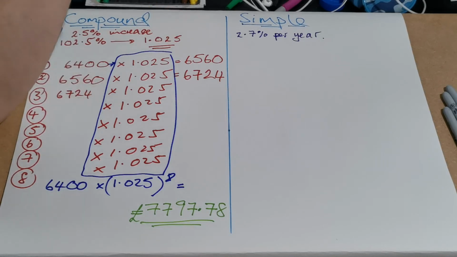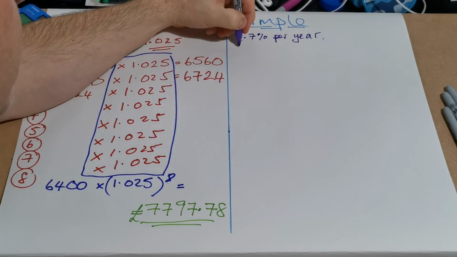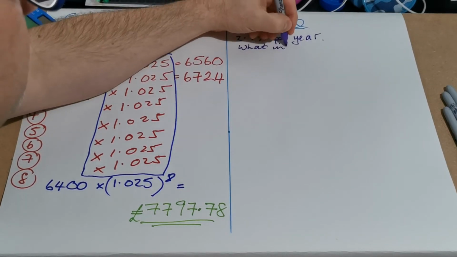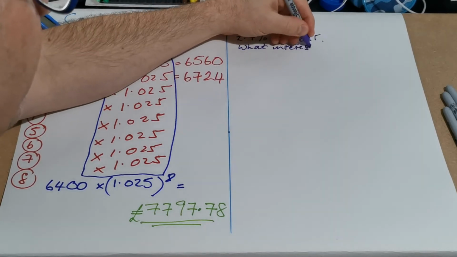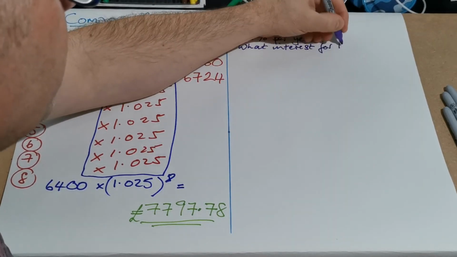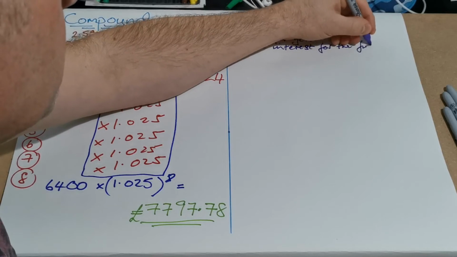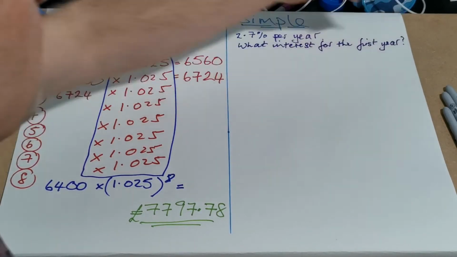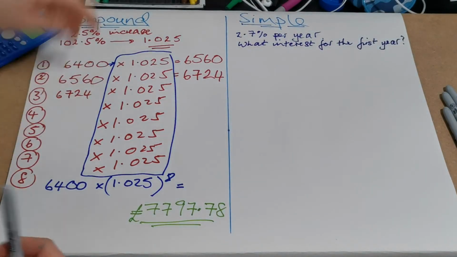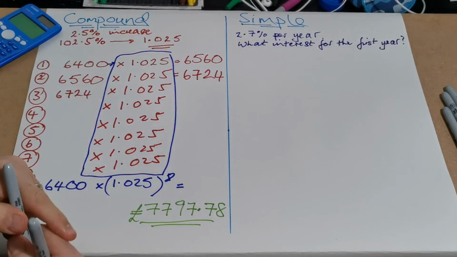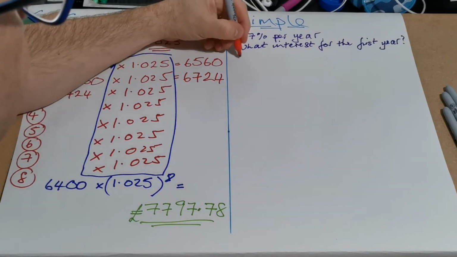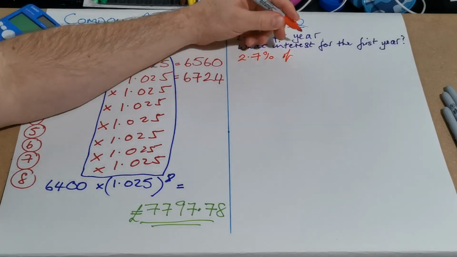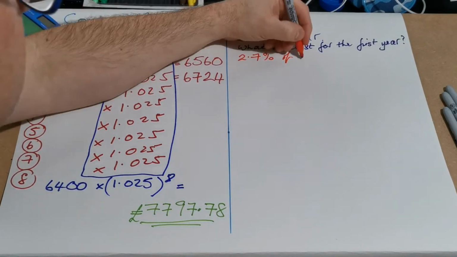So what is that interest for the first year? That's what we're being asked. So in order to find this, I want to find what 2.7% of, now the starting figure we had was 6,400.